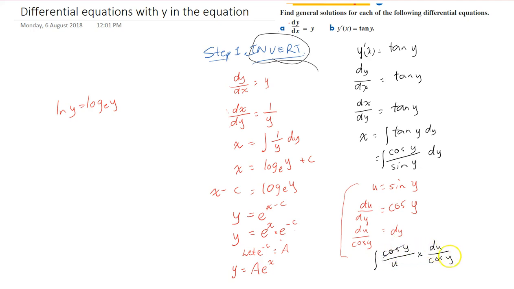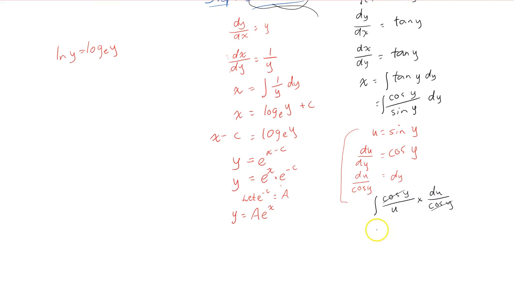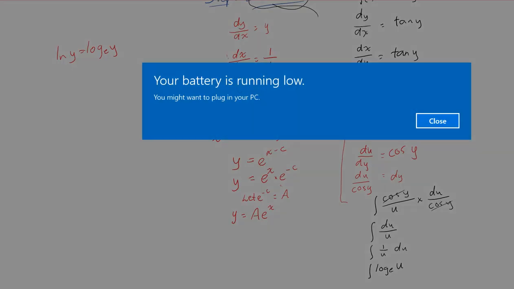Those cos y's are going to cancel out, and now I'll have the integral of du over u, which is 1 on u with respect to u, and that's going to be log base e u.